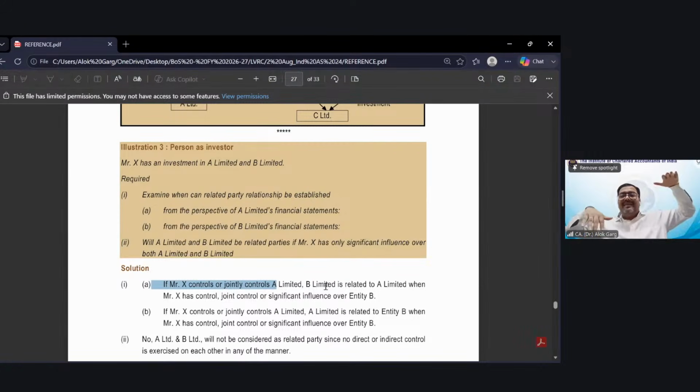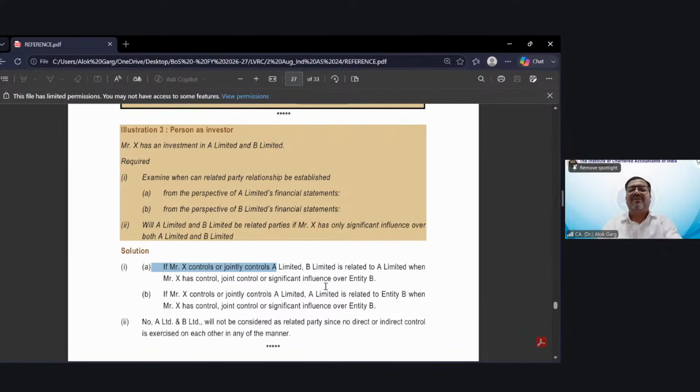Or Mr. X controls or joint controls A and is KMP in B Limited, then also they become related parties, or vice versa. Right? So what is the combination? Control and control, control and joint control, joint control and joint control, control or joint control with significant influence, control or joint control with KMP. So these are the combinations. Okay.